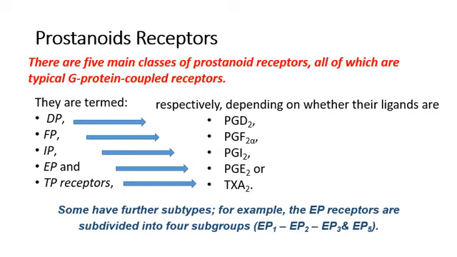IP is the receptor for prostaglandin I2. Okay, we call prostaglandin I2, by the way, prostacyclin. Prostacyclin is the same as I2. EP is the receptor of prostaglandin E2, and the TP receptor is the receptor for thromboxane A2.